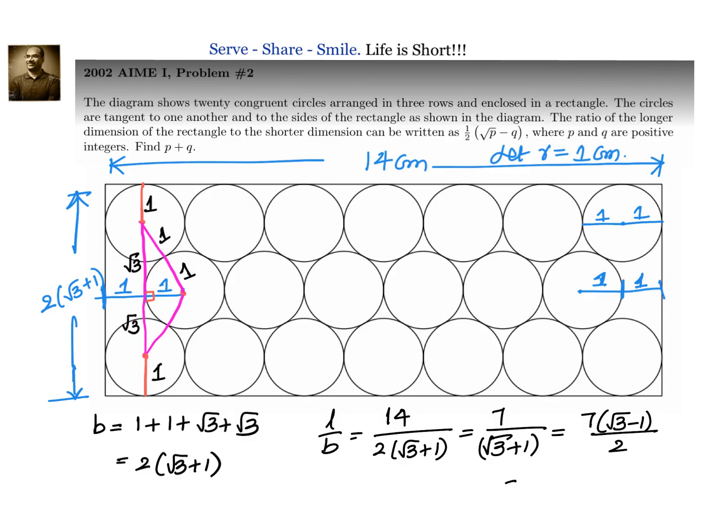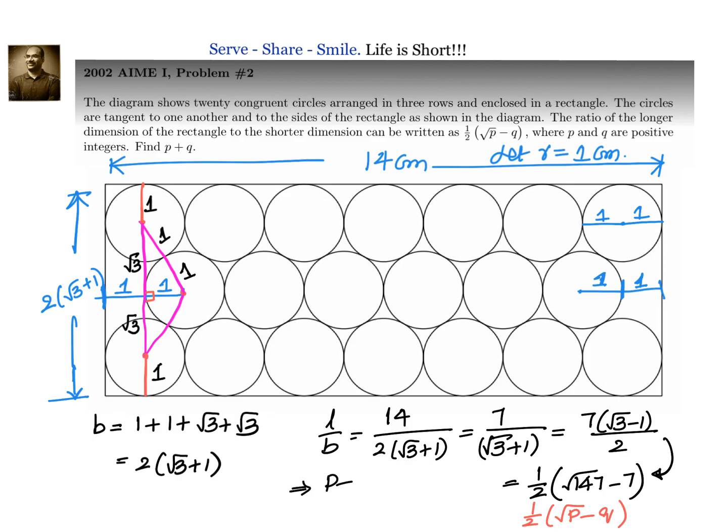Now that can also be simplified, in the format they want, half into root p. That means 7 will go inside and become root 147 minus 7. So this is exactly equal to this, and that is in the format they want: half root p minus q. So what are the values of p and q? p is 147 and q equals 7.